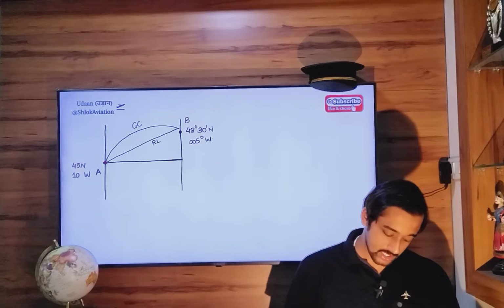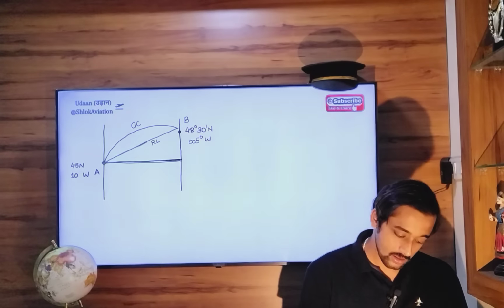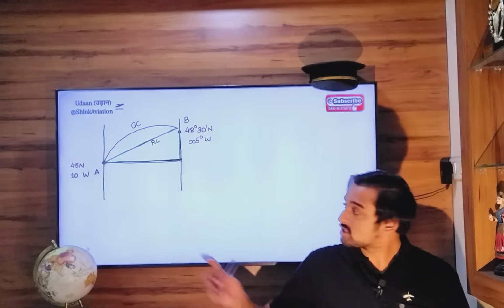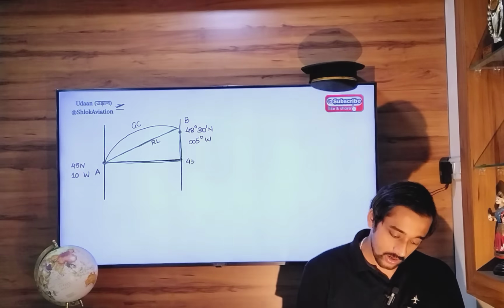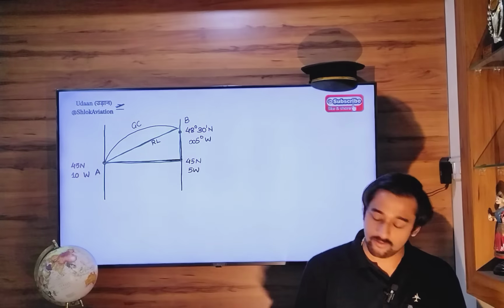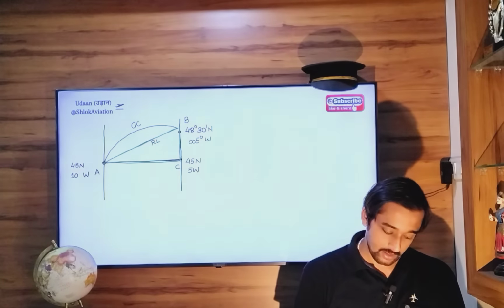Focus your attention on this triangle first. Now this is 45 north, 10 west. This will be 45 north, same latitude, but longitude will be 5° west. We will name this point C.